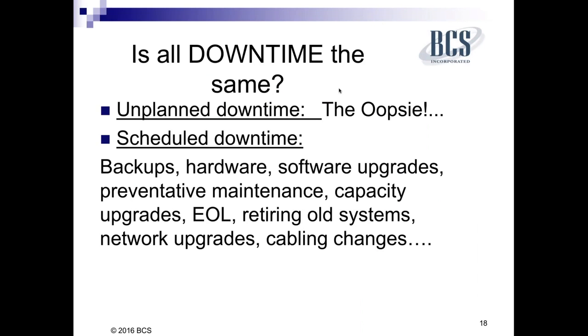Okay, another question. We talked about downtime. Is it all the same? I would contest, when we talk about downtime amongst our technicians, business continuity, IT, and availability and risk people, unplanned downtime is an outage. That's a whoopsie. We talked about scheduled downtime.